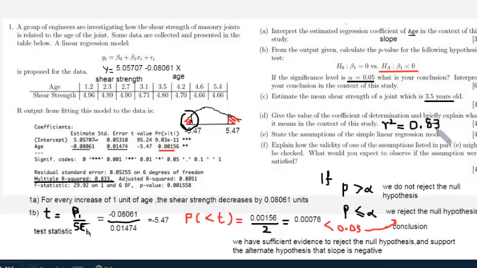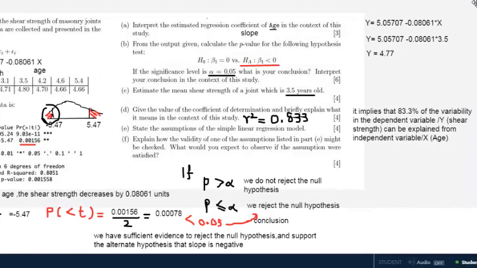Briefly explain what it means in the context of the study. I'll write the explanation. It implies that 83.3% of the variability in the dependent variable, that is the y, here the shear strength, can be explained from the independent variable, that is the x, or in this case the age.